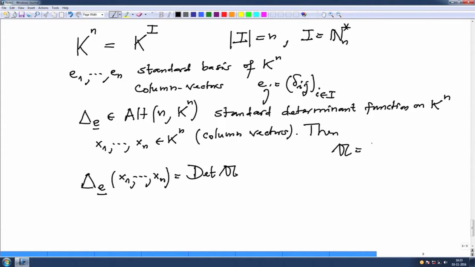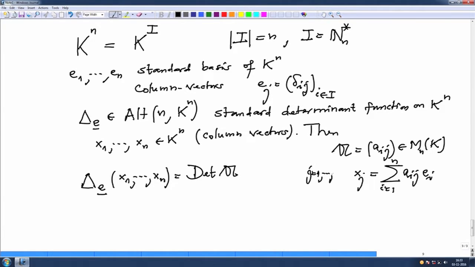A is the coefficient matrix (Aij) in Mn(k), and these Aij are determined by the equations xj = summation Aij Ei, i from 1 to n and j from 1 to n. So these equations define this matrix A, and δ_E evaluated on this tuple x1 to xn is det A. And this is the definition of the determinant actually.